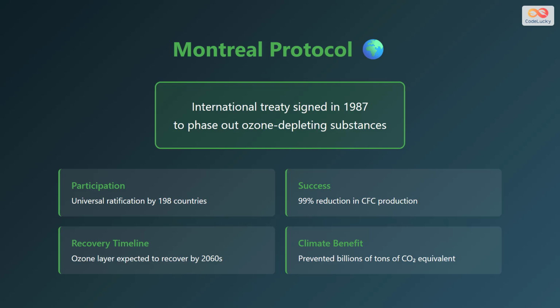Scientists now project that the ozone layer will recover to pre-1980s levels by the 2060s. Additionally, because many CFCs are also potent greenhouse gases, the protocol has prevented billions of tons of carbon dioxide equivalent emissions, providing significant climate benefits as well. The Montreal Protocol stands as one of the most successful international environmental agreements in history.